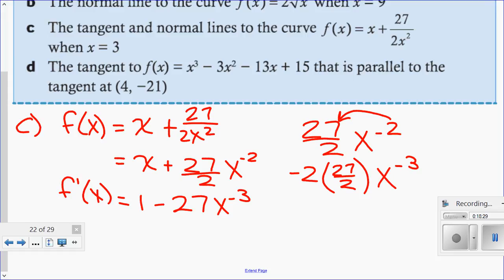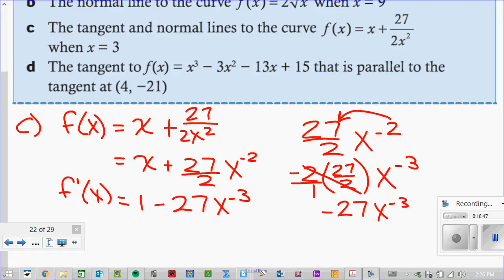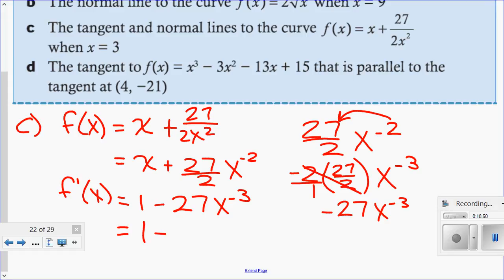Great. I don't get why you still have the 2 if your twos cancel out. I know you have to subtract 1, but then you cancel out the 2, how do you? I don't understand your question. So I'm going to simplify this one more time: 1 minus 27 over x to the +3. So that's my derivative.